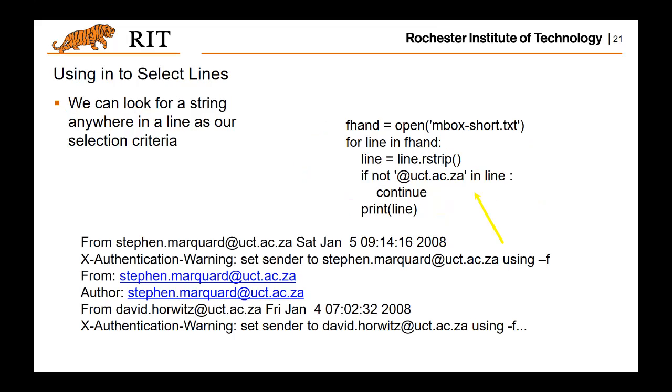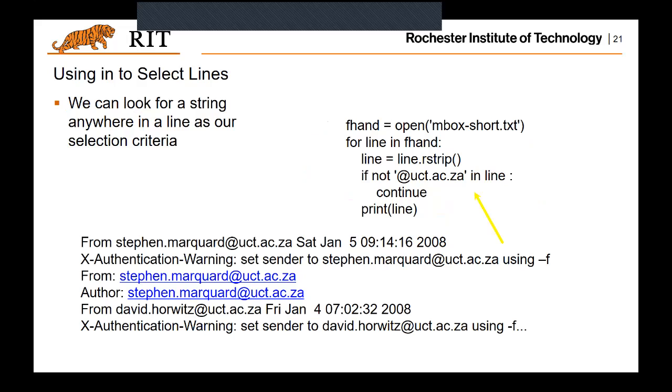So let's look at other possibilities. For example, you want to extract, or in this case just a simple print, but you can easily substitute other operations here. But the key here is you want to select email addresses belonging to a certain domain like this one.